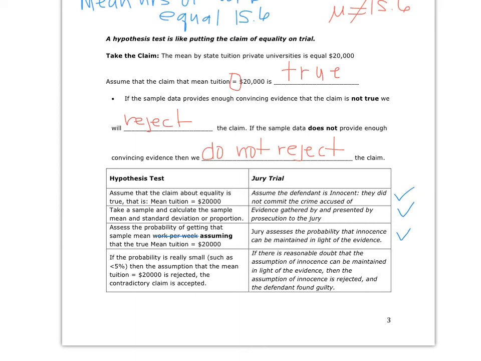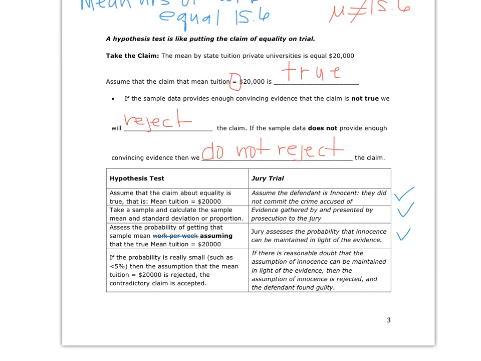So the fourth step says if the probability that we assess is really small, like less than 5%, then we have to question the assumption that we are holding on to, that in this case the mean tuition is equal to $20,000, and we have to reject it. And then the contradictory claim is accepted.